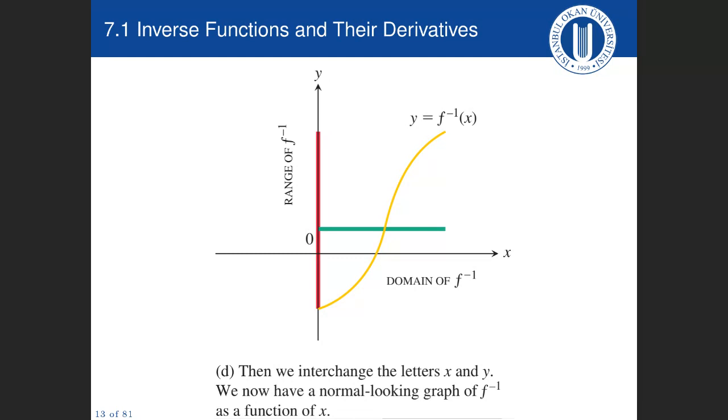Swap the letters, swap the x and the y. The previous graph had a y here and an x here. So swap the places, just keep the yellow curve, and then we've got the graph y equals f inverse of x.